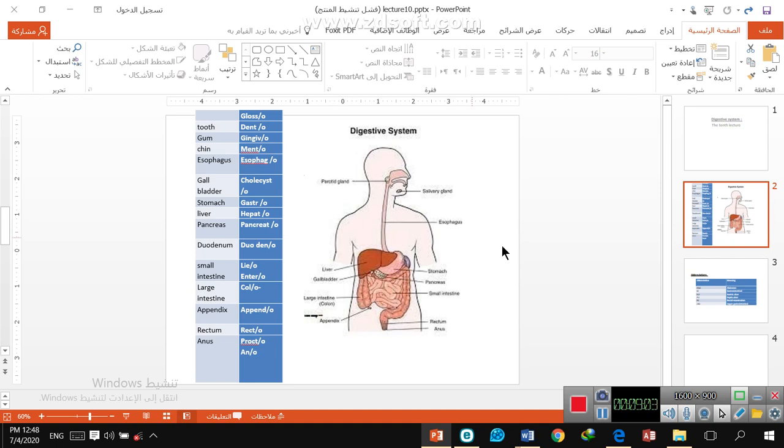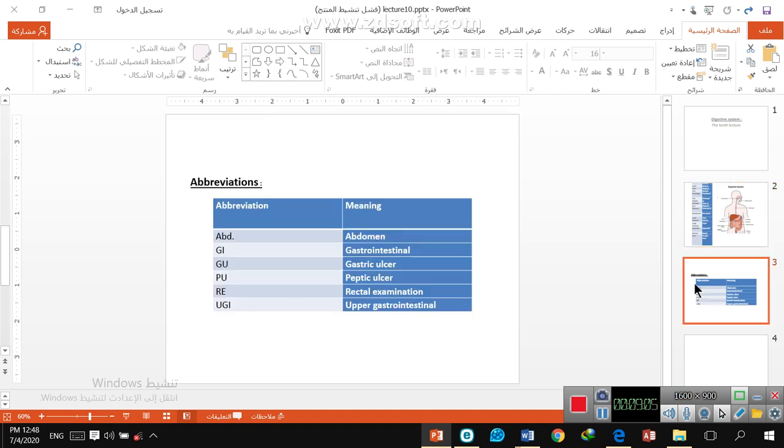we started to discuss the abbreviations for this system, and we have here six abbreviations, and we gave you the meaning with the full writing, to help you understand what the letters stand for.